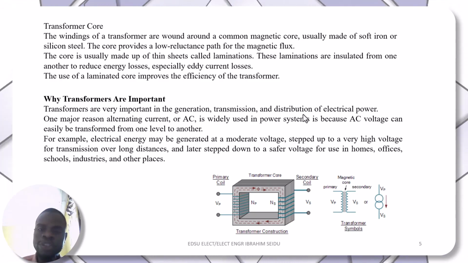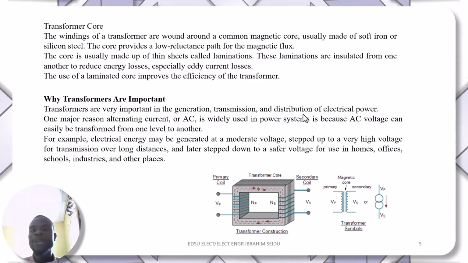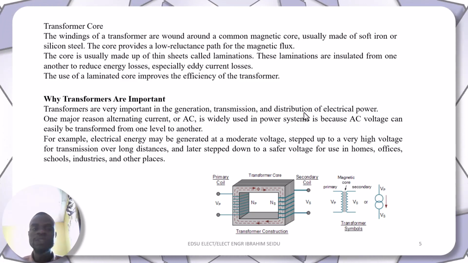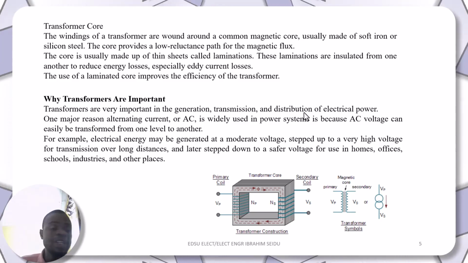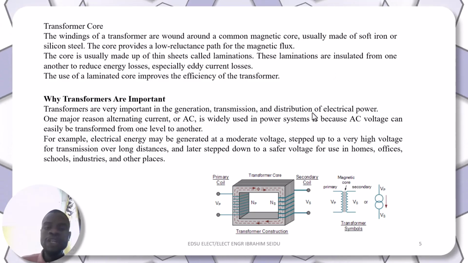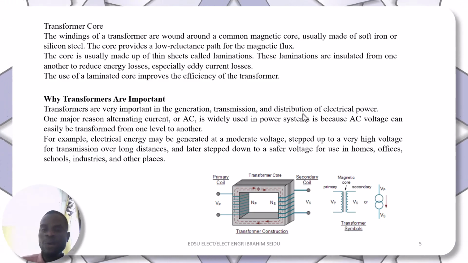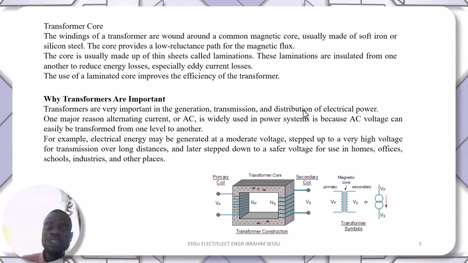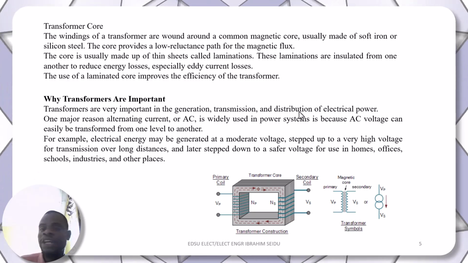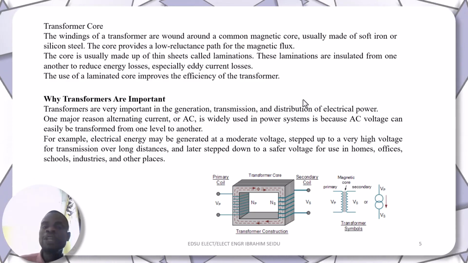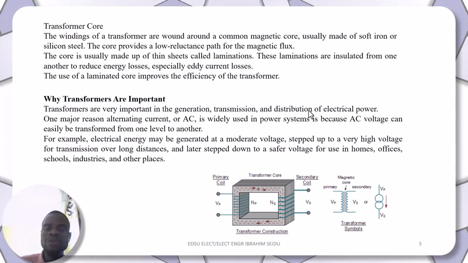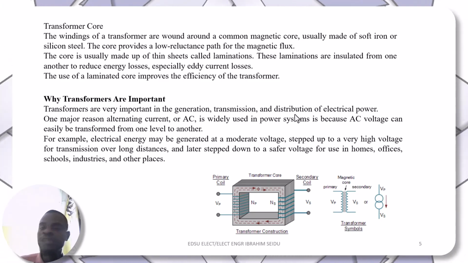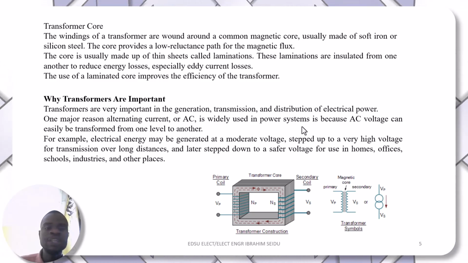The distribution voltages that we know in Nigeria are either 33 kilovolt that can be run directly to, let's say, our industries, or 11 kilovolt, right? 11 kilovolt is the distribution voltage that is mainly sent to residential or commercial apartments. Now you also need a transformer there that will step down 11 kilovolt to either 415 3 phase or 230 volts so that the consumers will be able to use it.